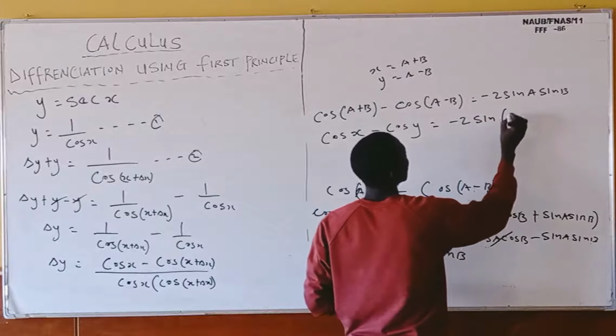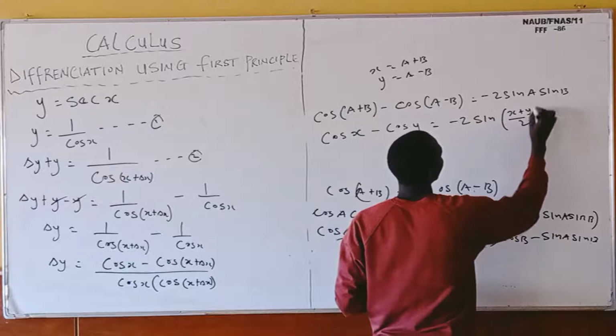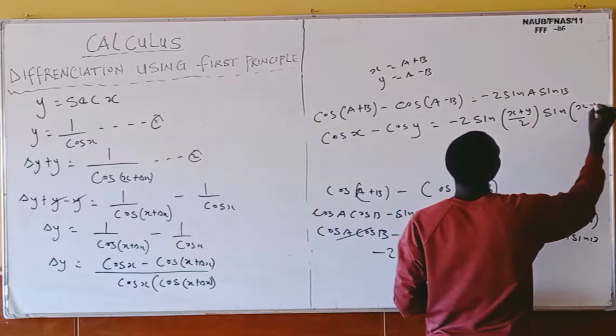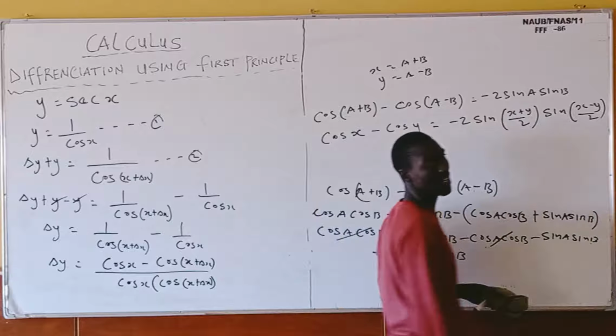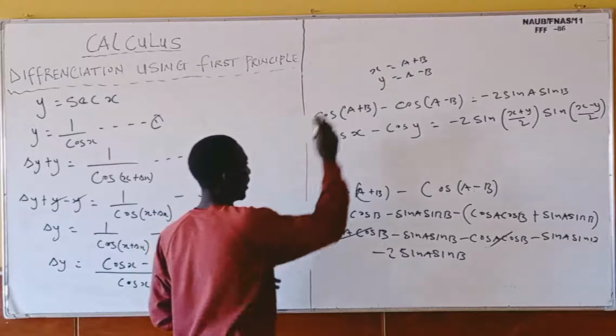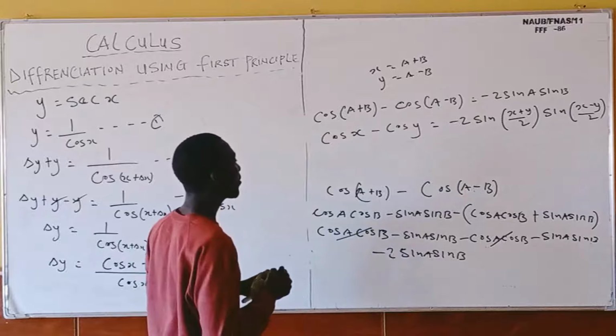Your a is going to be s plus y over 2, and your b is going to be s minus y over 2. You can try that, or you can watch my previous video on this. You will see everything I do there.